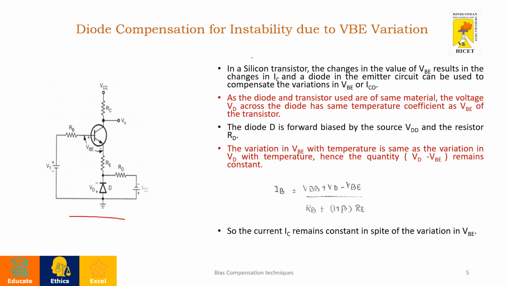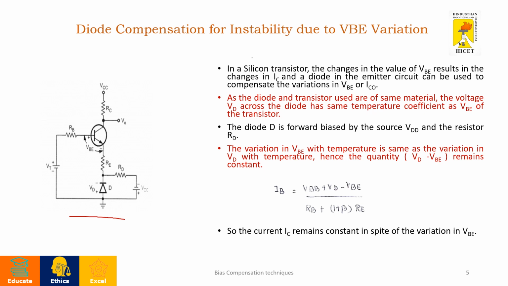So, to maintain the stability of operating point, we introduce a diode in the emitter of a transistor, which is of the same material as the transistor. Since a silicon transistor is used here, the diode is also silicon. Since they are of the same material, both have the same temperature coefficient.